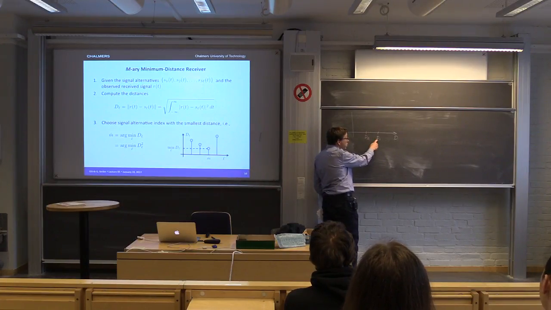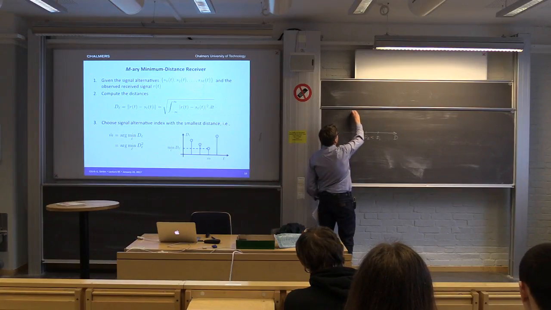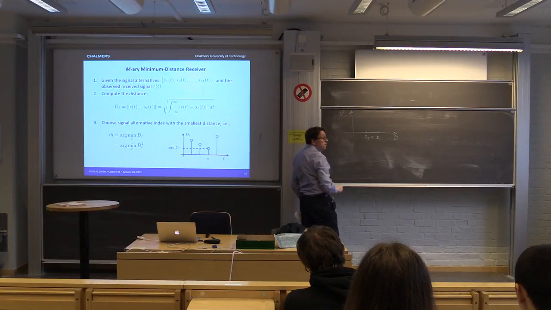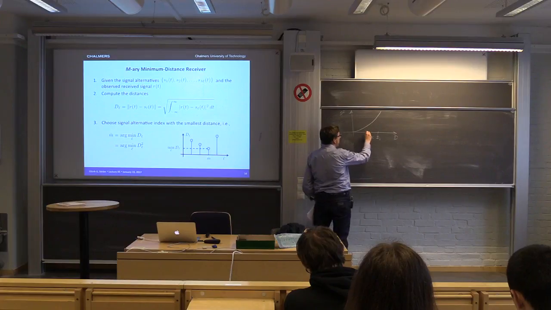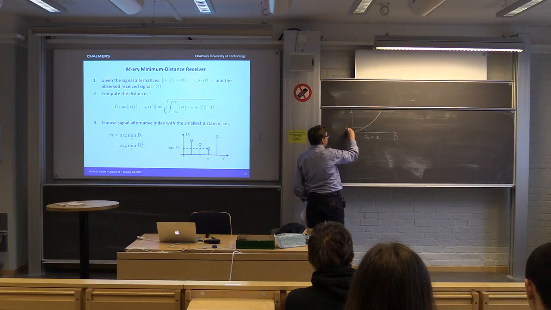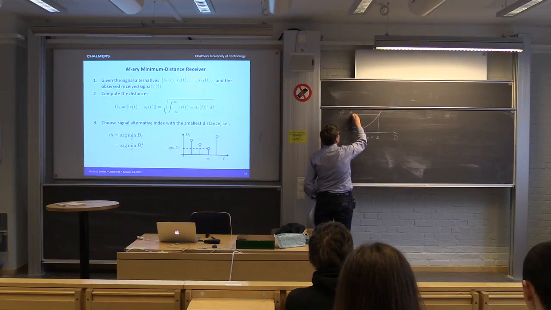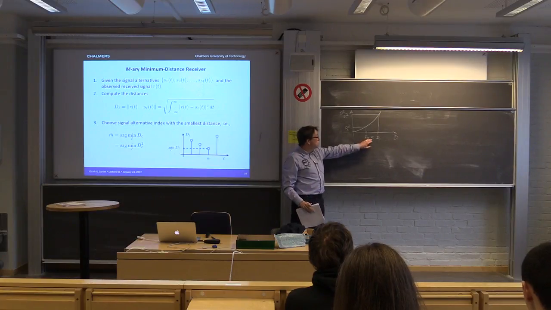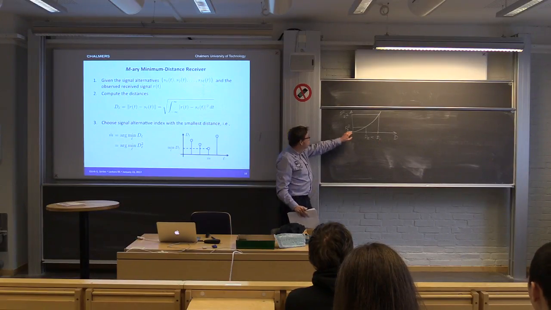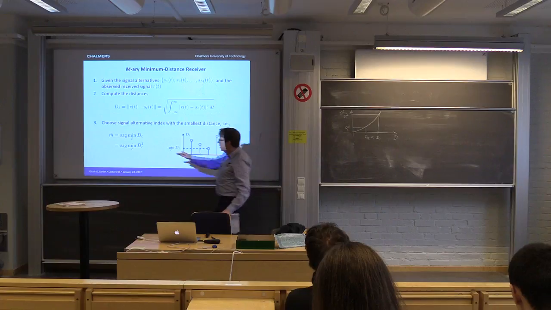And this is clearly smaller than this one, right? Now, if we plot on this axis D squared instead, we of course have the square function like this, and then we have here D2 squared and D1 squared. So if D2 is less than D1, for sure D2 squared is less than D1 squared, right? So this proves this step.